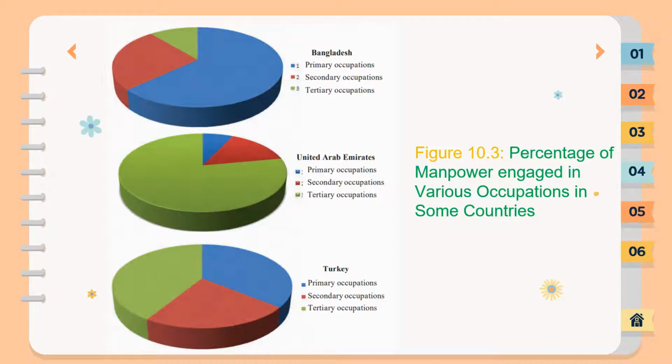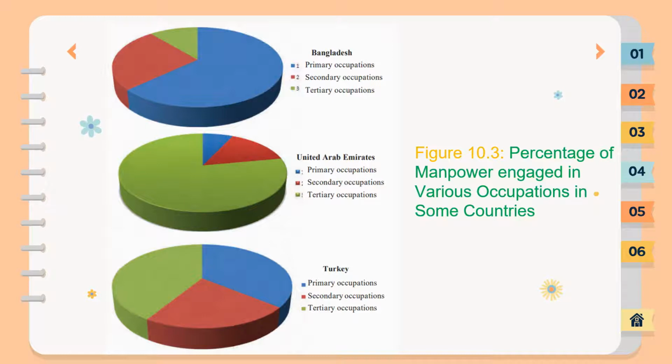Well, students, now let us answer the following questions on the basis of these pie charts. The first question is, which country has more manpower engaged in primary occupation? You have answered it very well.